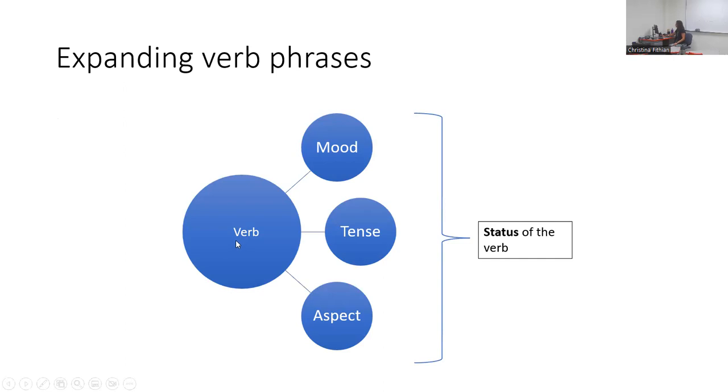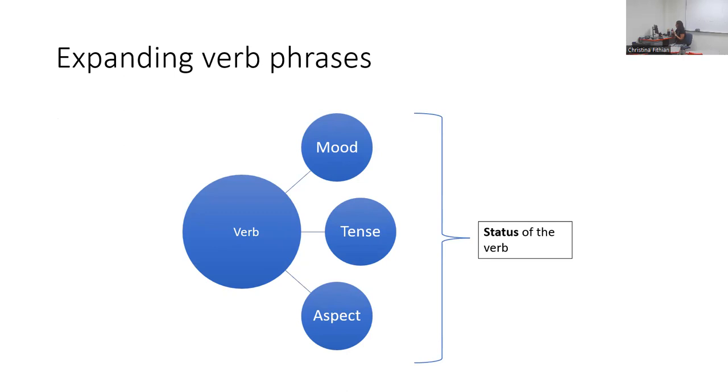So recall that when we are now expanding verb phrases, we're going to start adding a few things into our tree. And we're going to start adding tense and then aspect. Finally, we're going to add mood next week and expand our verb phrases, because as we see, verbs tell us a lot of information.